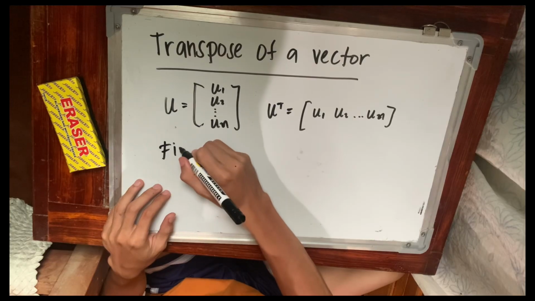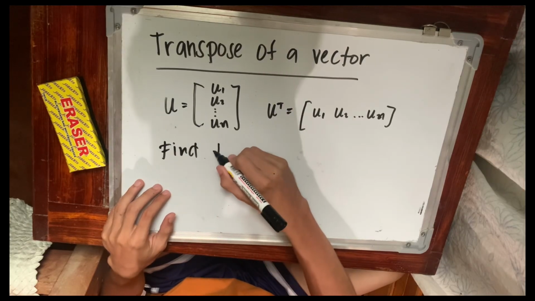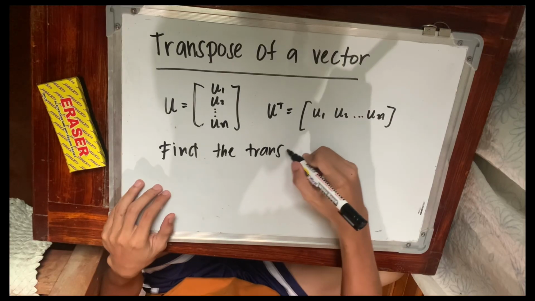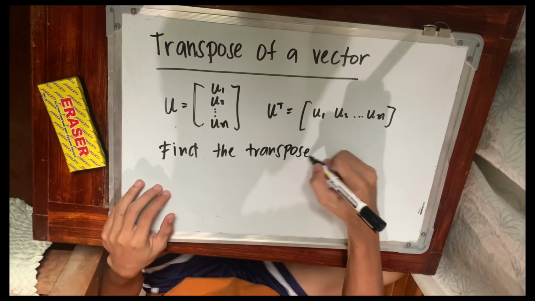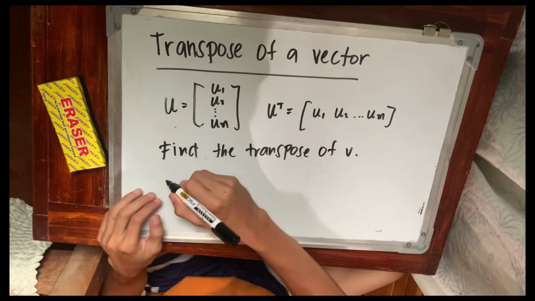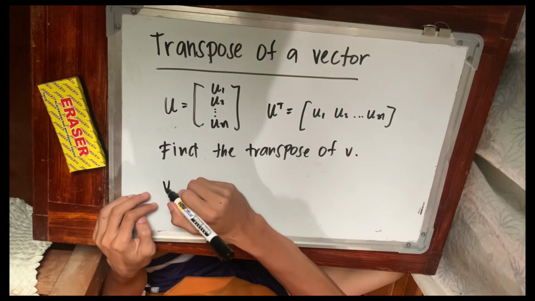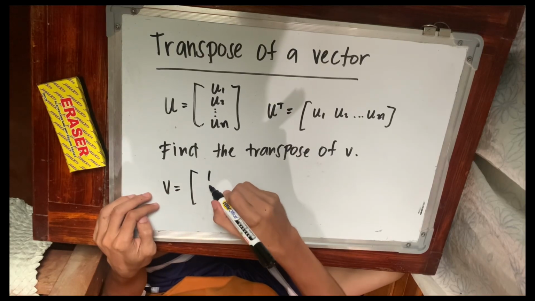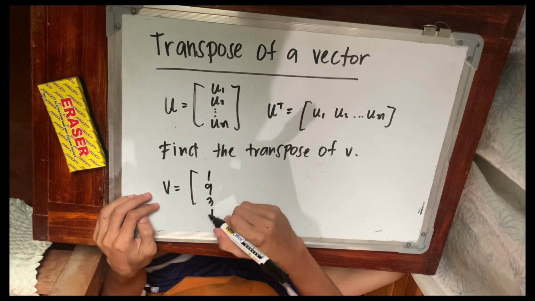Find the transpose of B. So we have the vector B is equal to 1, 9, 3, 4.